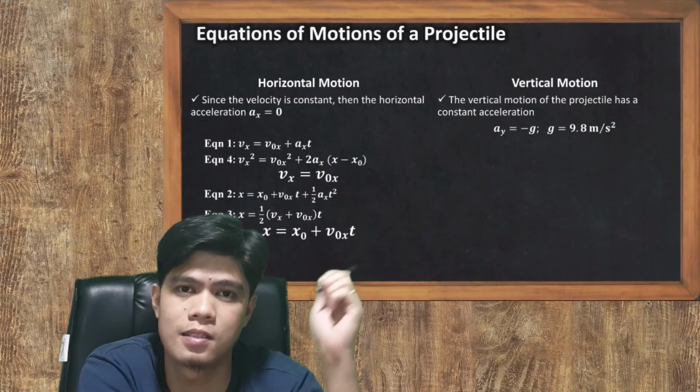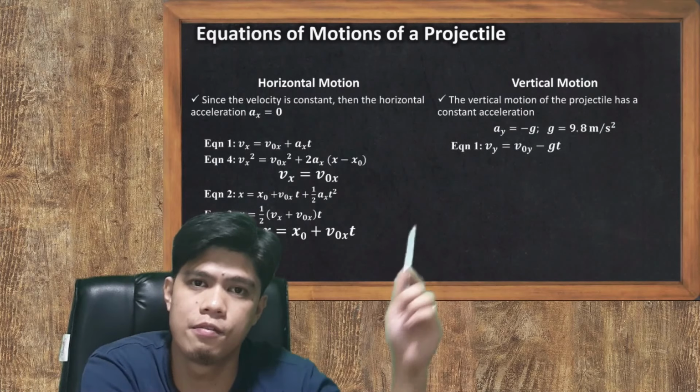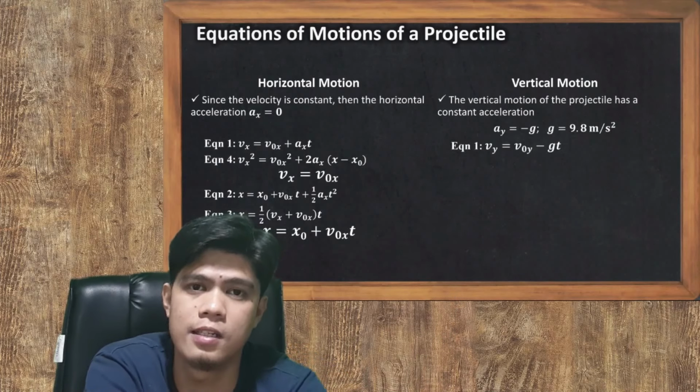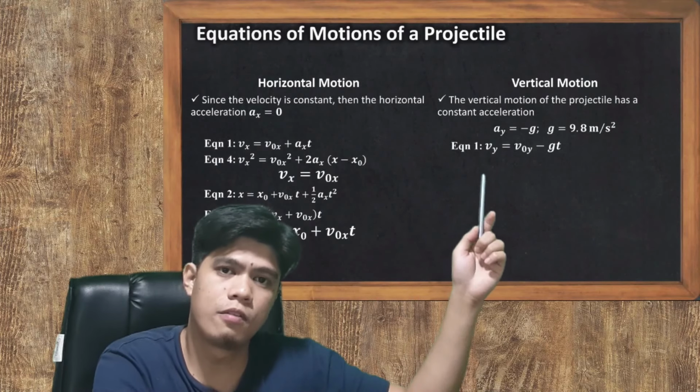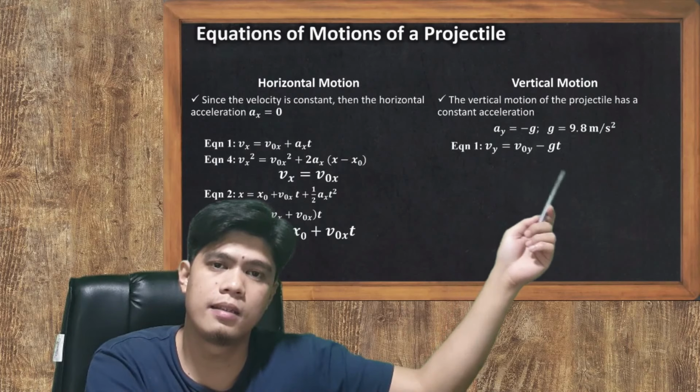Okay, we use this so that it's easier for us to rearrange our equation. Now in equation 1, we have final velocity of y is equal to the initial velocity of y minus the gravity times time. So this equation involves only final velocity, initial velocity, and time.